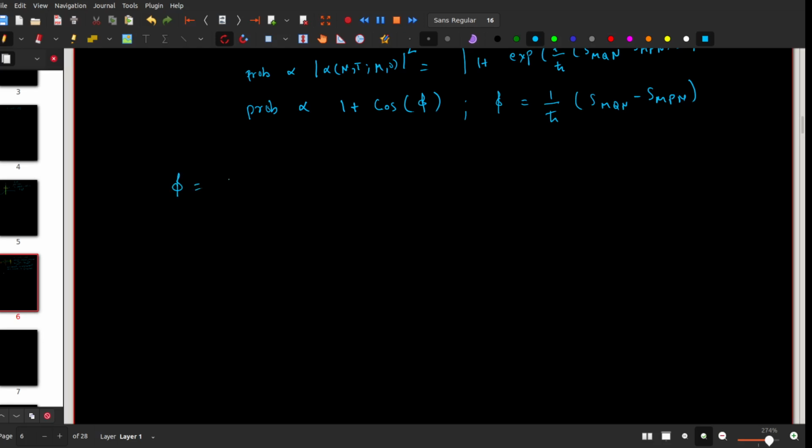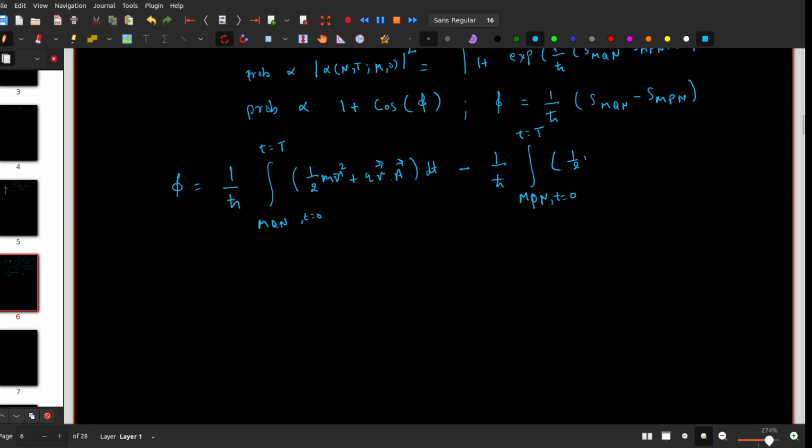This phase difference is 1 over h bar times the action along path MQN, the integral from t equal to 0 to t equal to capital T of L dt, where L is 1/2 mv square plus q v dot A, minus the same integral along path MPN of 1/2 mv square plus q v dot A dt.